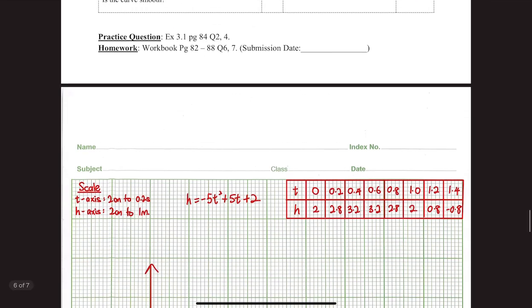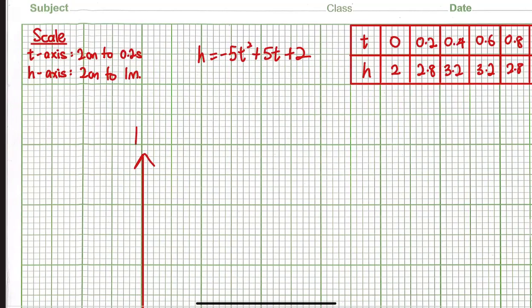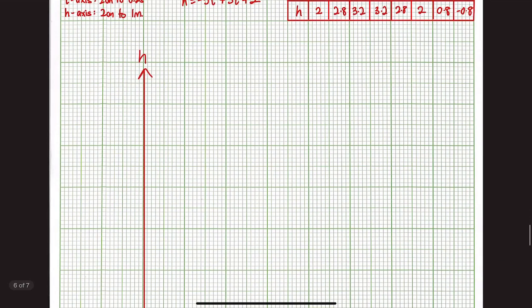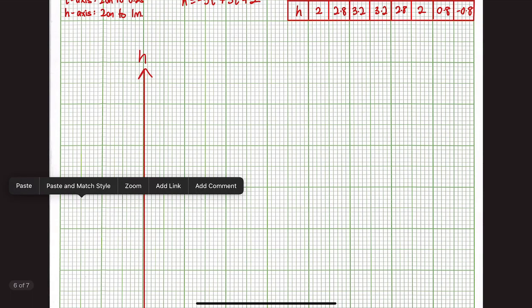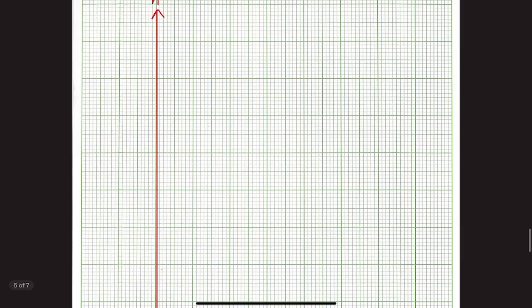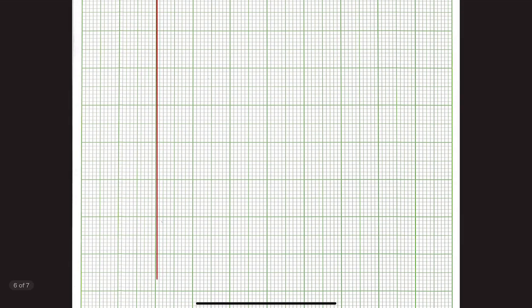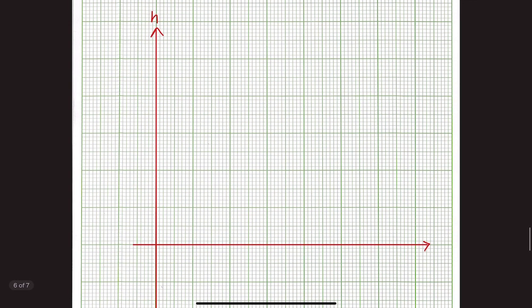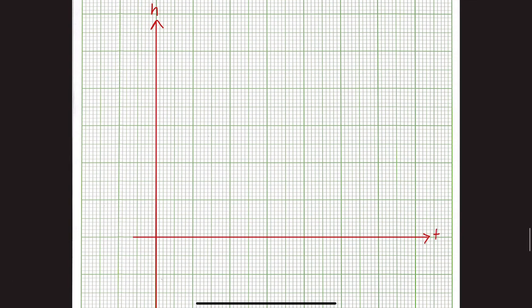So in this graph, this vertical axis is called h. Your t-axis is your horizontal axis. We label this as your horizontal t-axis.